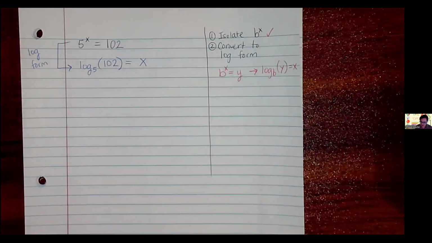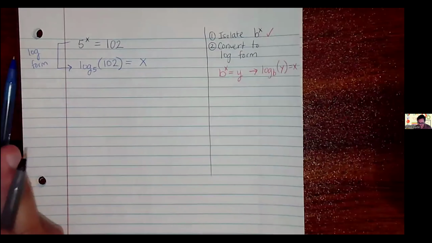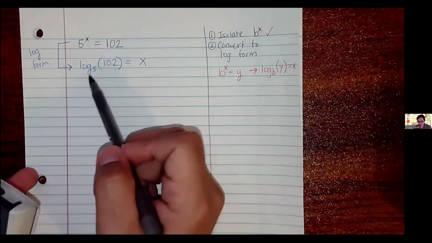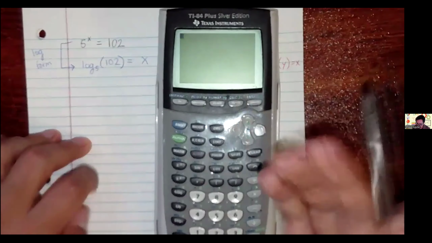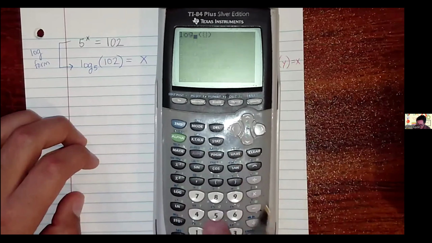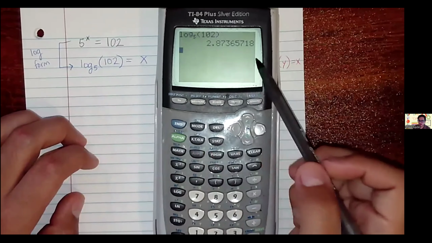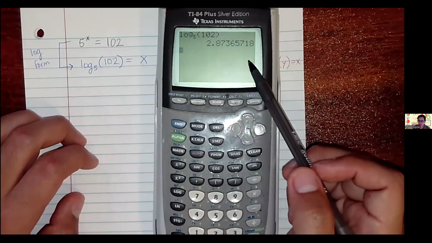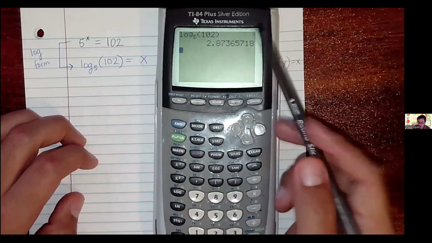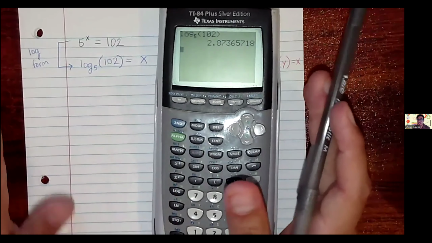Okay. Now, previously, I said, well, if I have log base 5 of 102, and these are just some numbers, I can go ahead and plug that into the calculator to simplify. So let's go ahead and do that. We'll hit math, go up twice. Log base 5 of 102. And I get this god-awful number, 2.8736. You might say to yourself, if you're in a rush, well, that's like 2.87. I'm just going to put 2.87 in ALEKS and see if it takes it.